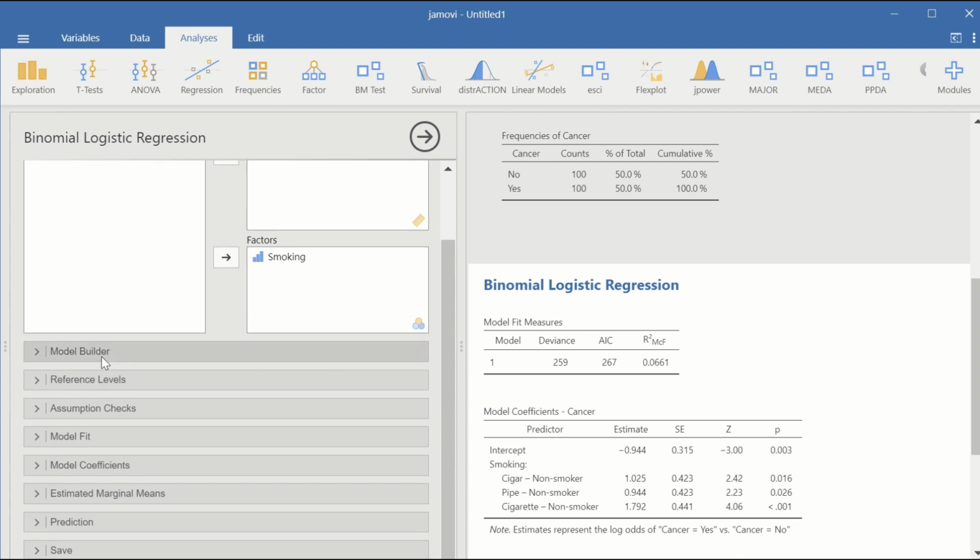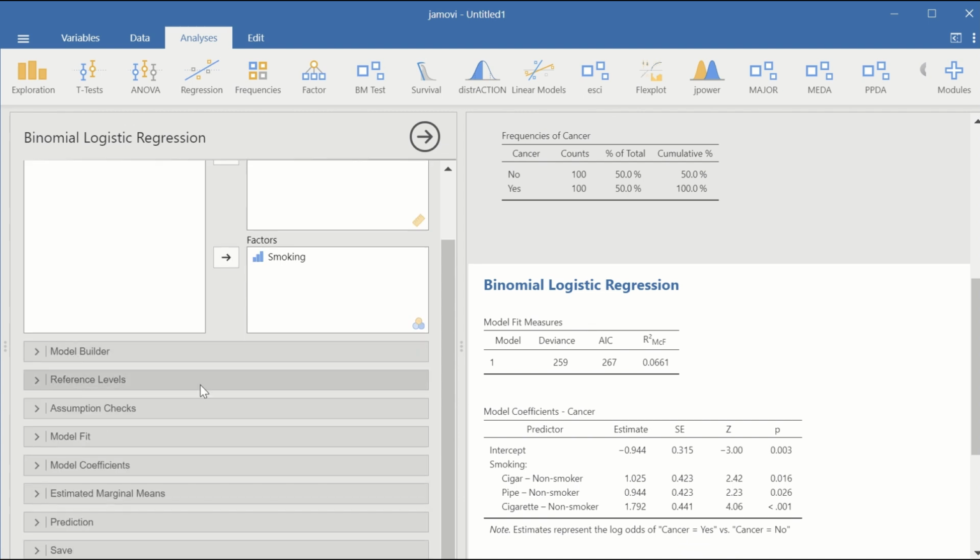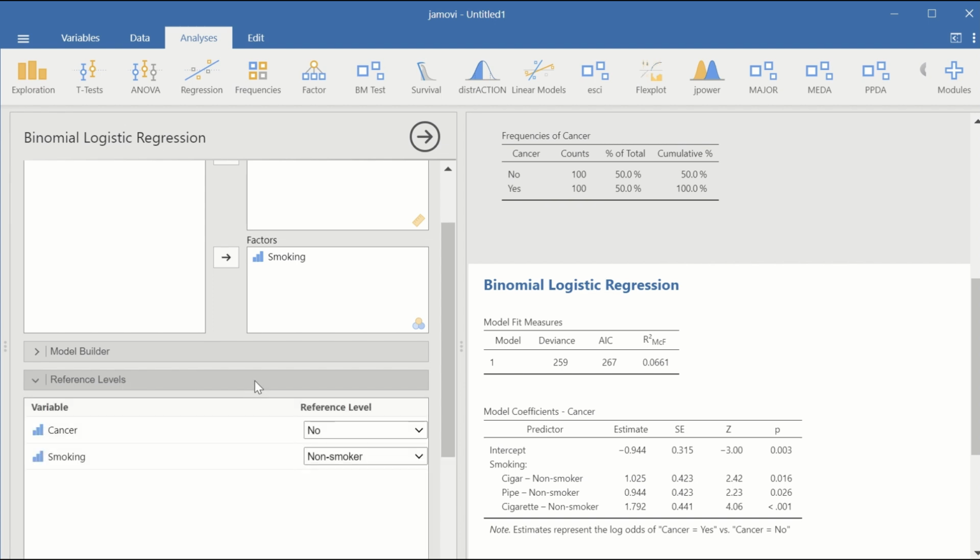There are a few options to select from here. Model builder, no need to select anything. For reference levels, since we have here 2 categorical variables, the cancer and the smoking, the reference category that will be used is the no, those who do not have cancer.